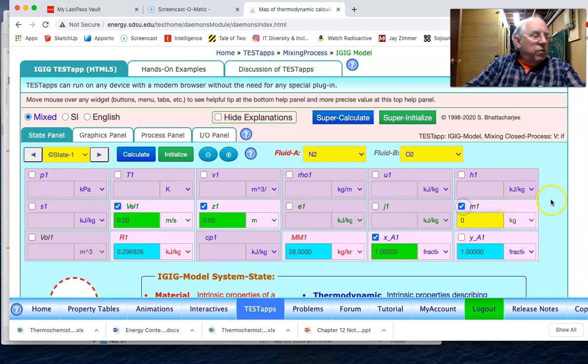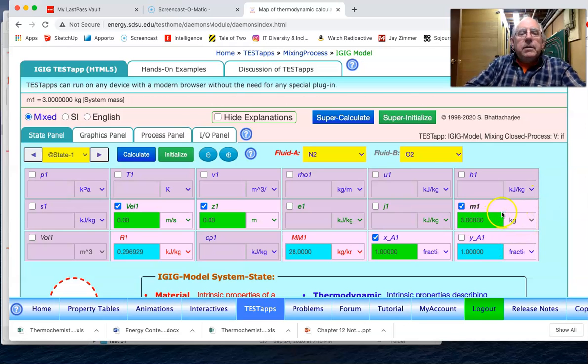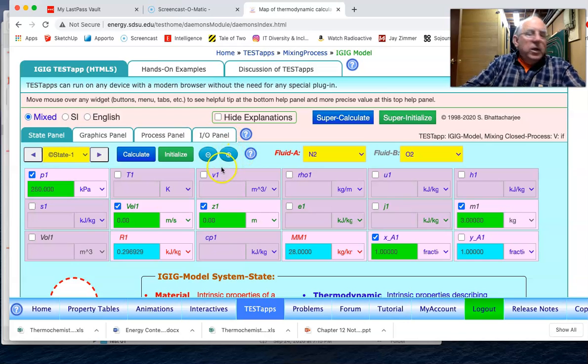We also know that there are 3 kilograms of mass. We also, in this particular problem, know the pressure. The pressure was originally 250, and we know that the temperature was 25.